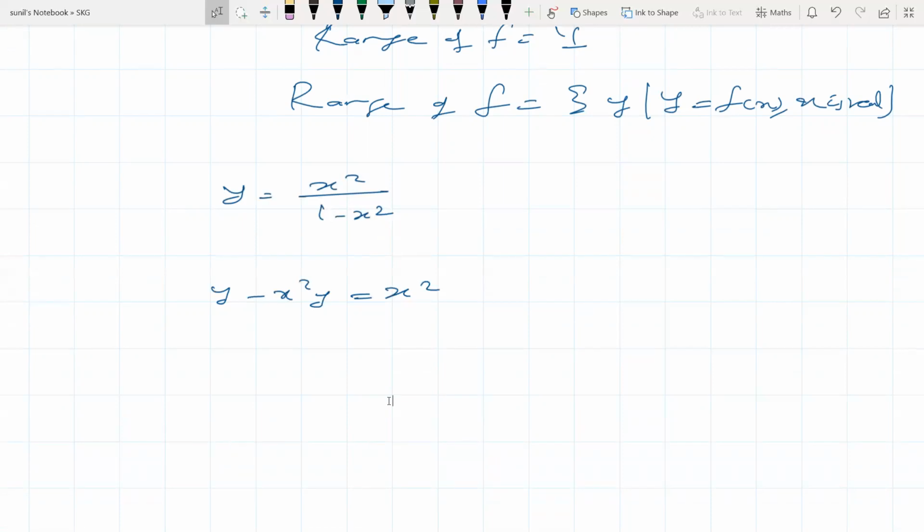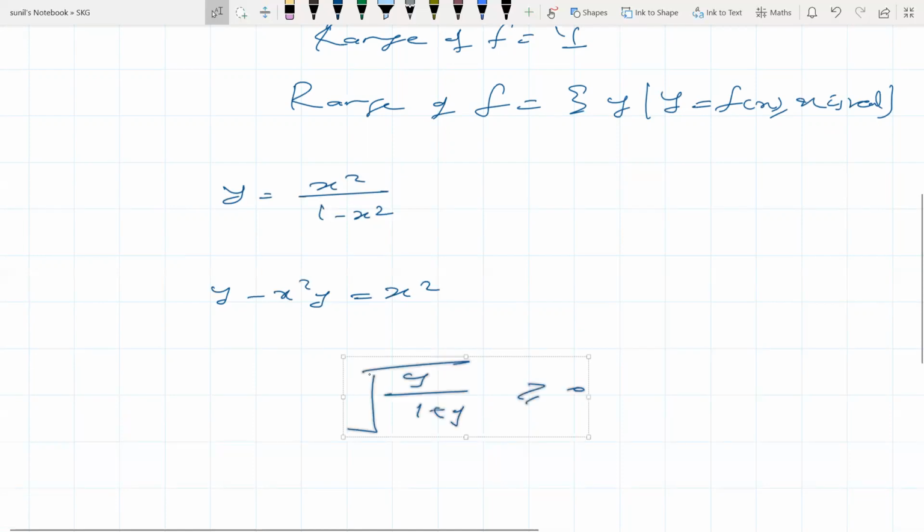From here we can find the x square value, so x comes out to be x equal to root of y dividing by 1 plus y.